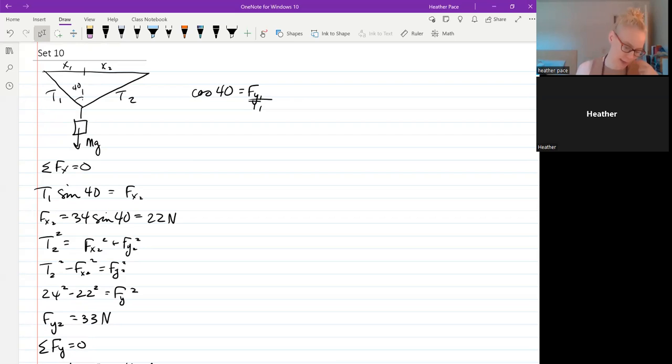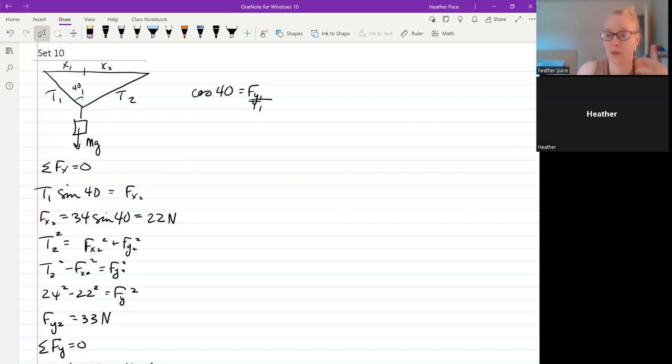All right, so let's start with x because I always do if I can. So we know sum of Fx's is going to be 0. We can take a look at this little diagram that the professor drew for us on our handout.